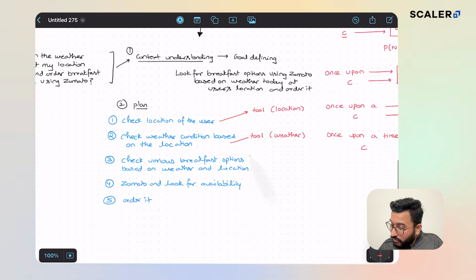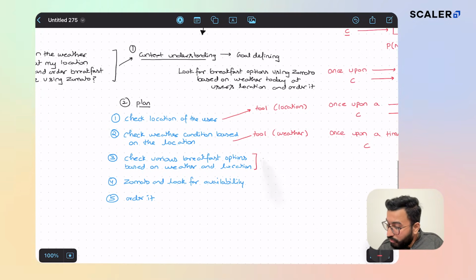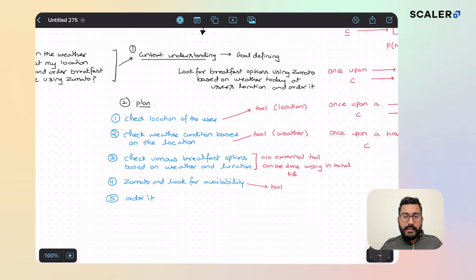To answer the third question, ChatGPT does not need any tool because ChatGPT has this much knowledge about the various breakfast options based on the weather and location. So no external tool, it can be done using internal knowledge base. To answer the fourth question, ChatGPT again needs a tool which is the Zomato tool.